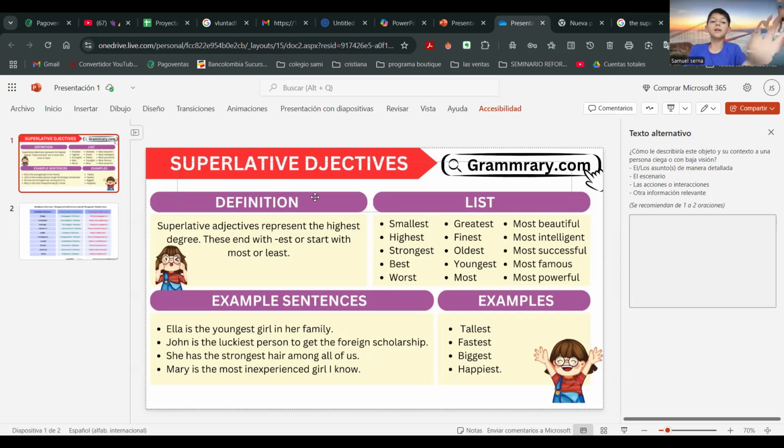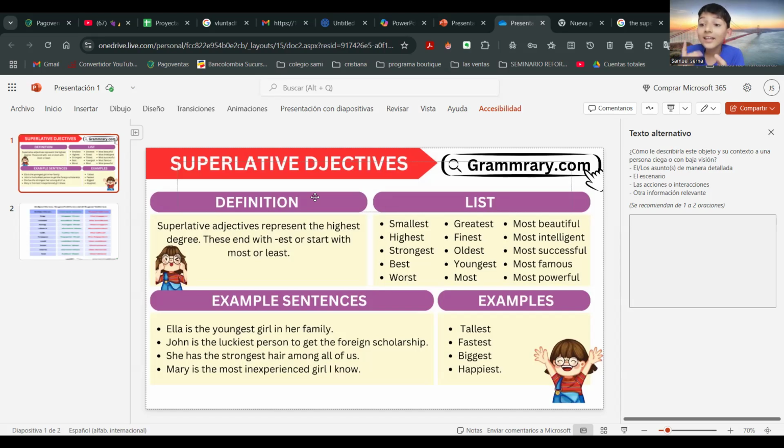Okay, continue with examples. This example is different from the sentences. This is one example of words. I use the word tallest. He is the tallest. I don't say he is tallest, so this is incorrect.